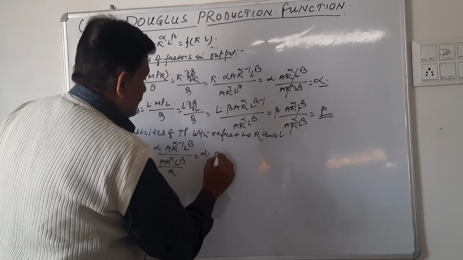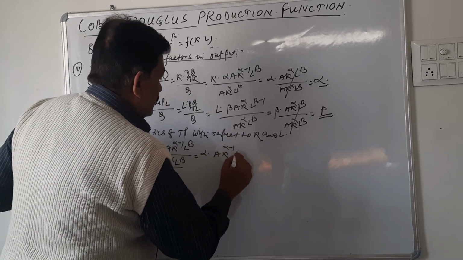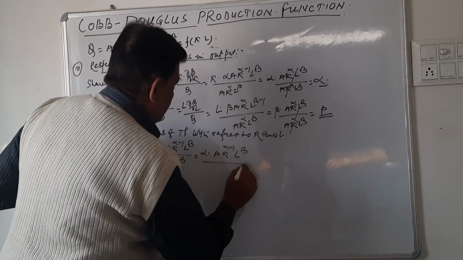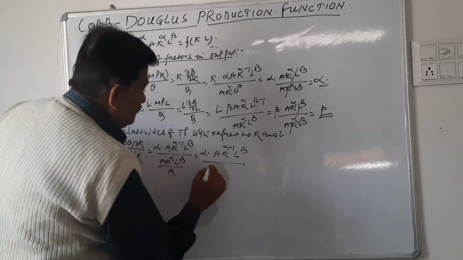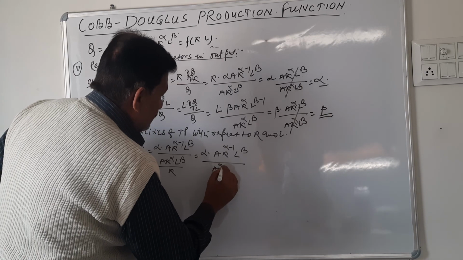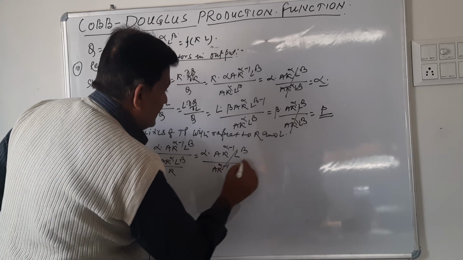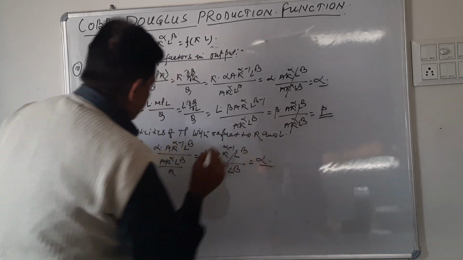So alpha A K to the power alpha minus 1 L to the power beta, and this K is being taken to here, so it will become alpha minus 1. So A K to the power alpha minus 1 L to the power beta, hence it is alpha.